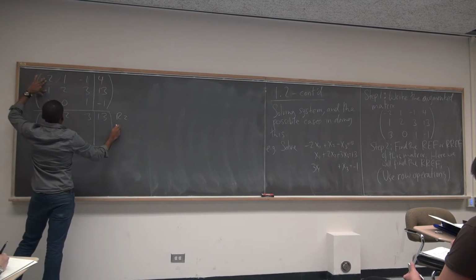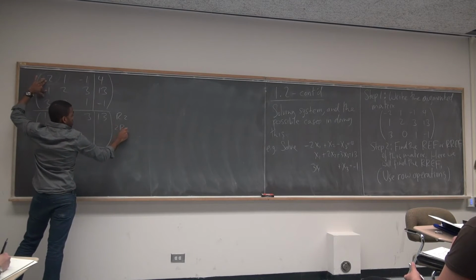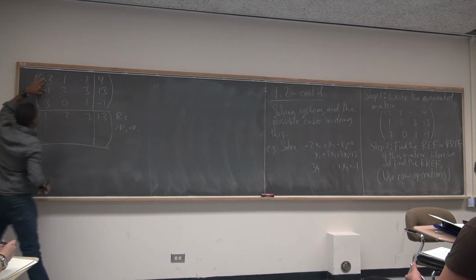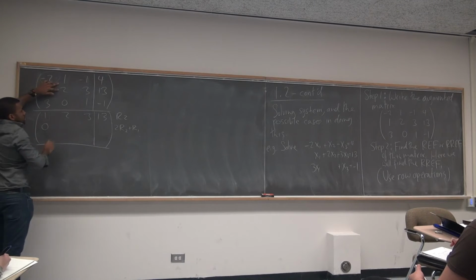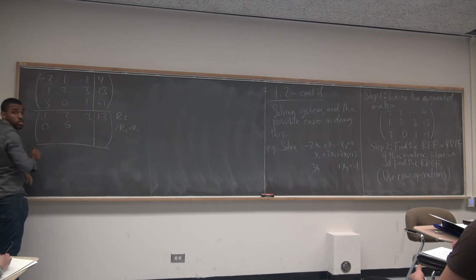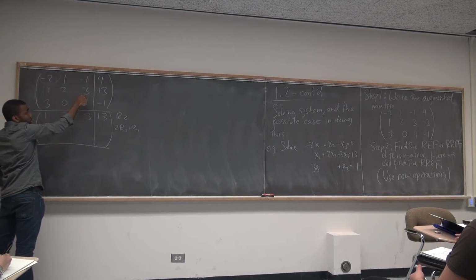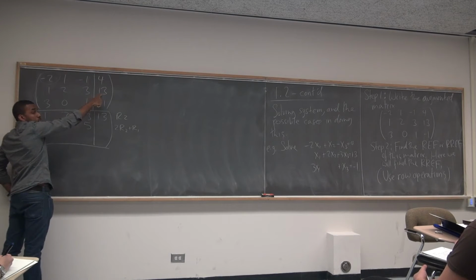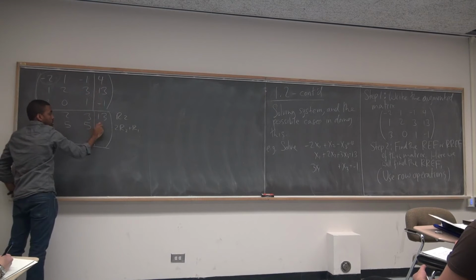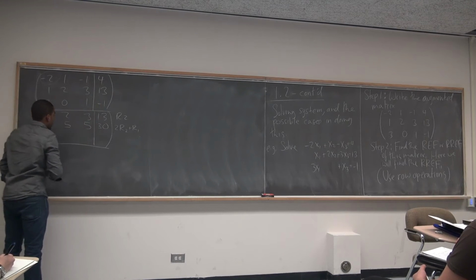So right away, I'm going to do 2 times row 2 plus row 1. 2 times this plus that, it will give me a 0. 2 times this is 4 plus that, 5. 2 times this is 6 plus that, 5. 2 times this, 26 plus that, 30.